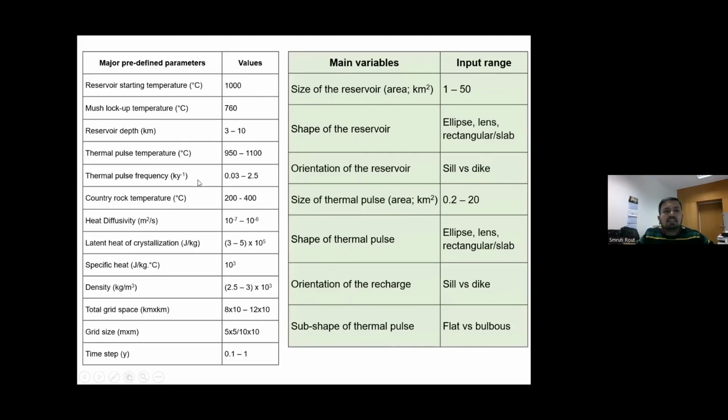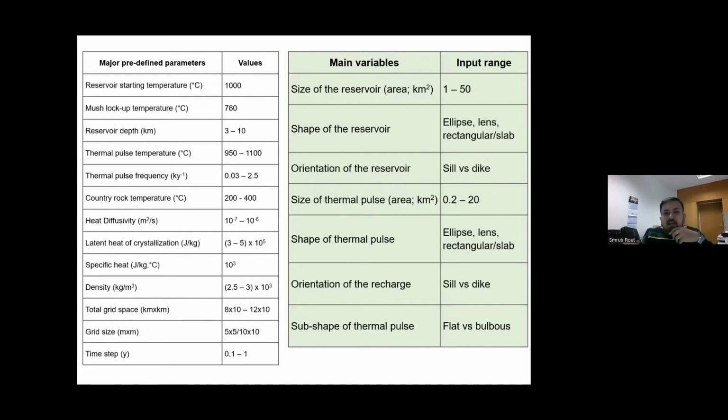And then on the left-hand side are the predefined parameters, most of which we saw already in the equation. And the green table on the right side here are the main variables, starting from the size, shape, and typical orientation of the reservoir, which can mean whether it's like a sill or a dike.